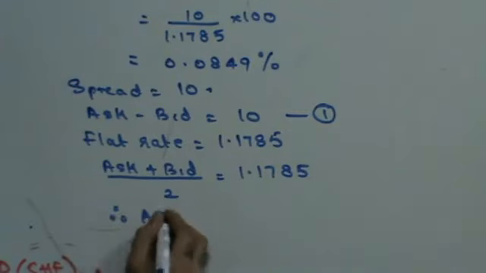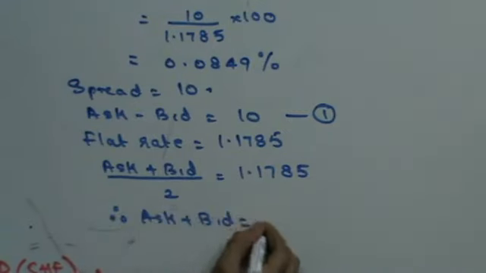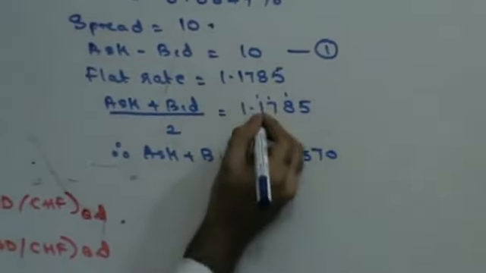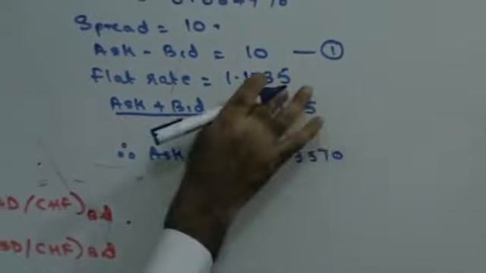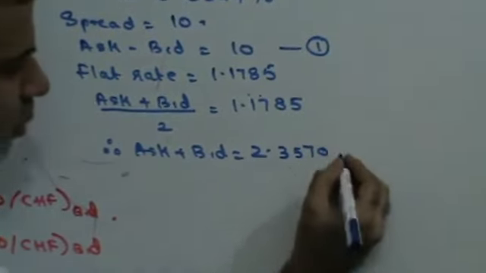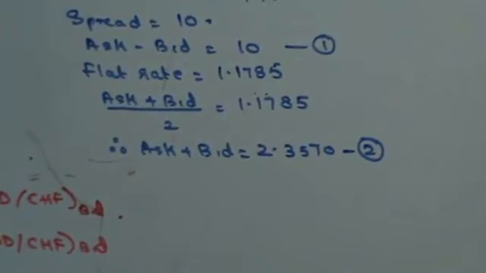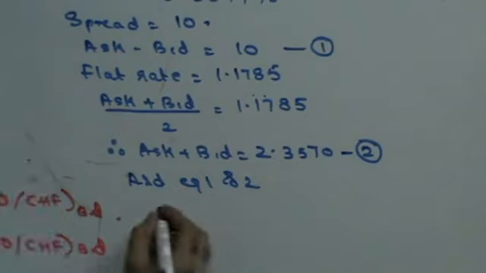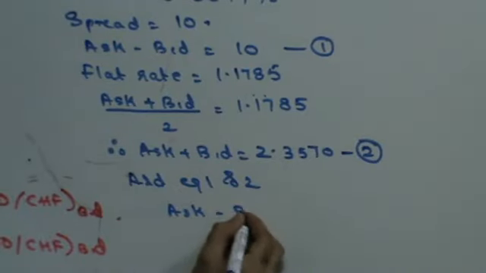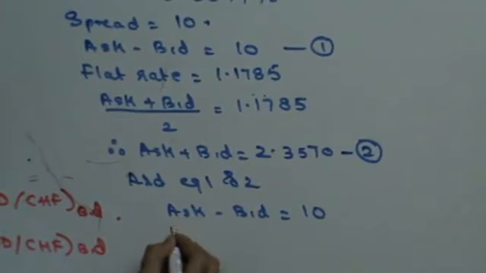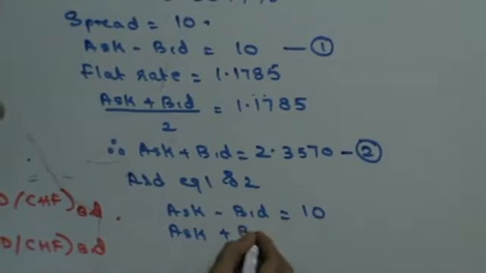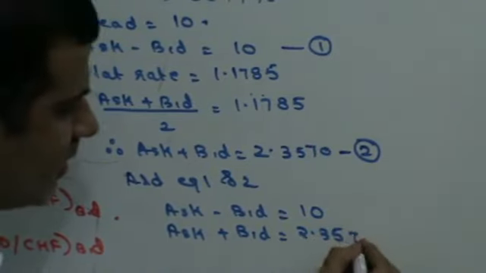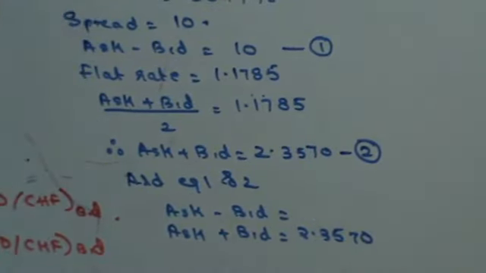Therefore, I could say that ask plus bid is 2.3570. Call this as equation 2. Add equation 1 and 2. Ask minus bid is 10. Ask plus bid is 2.3570.